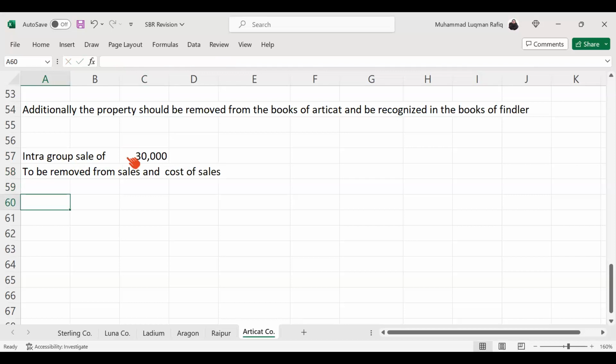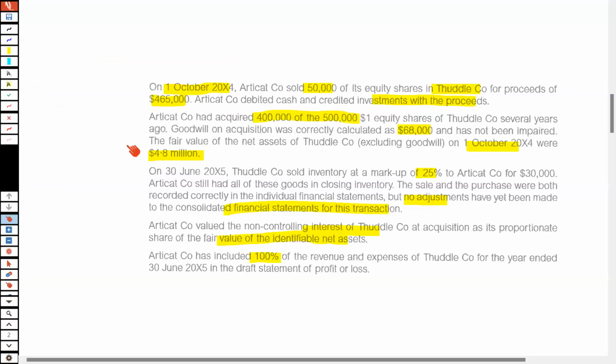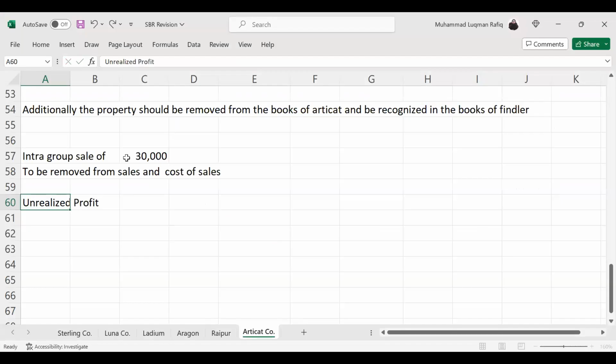The unrealized profit is 30,000 divided by 100 multiplied by 25, added to cost of sales.